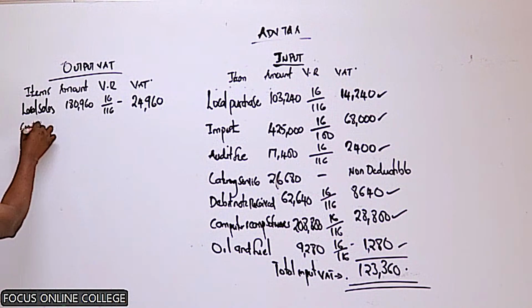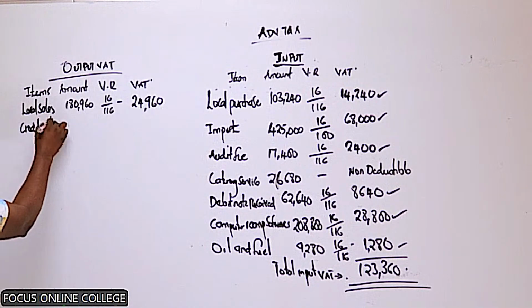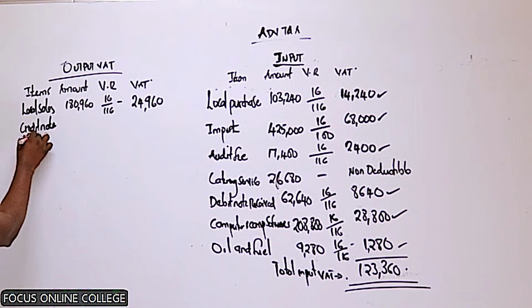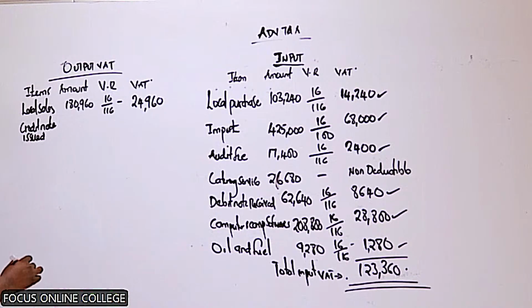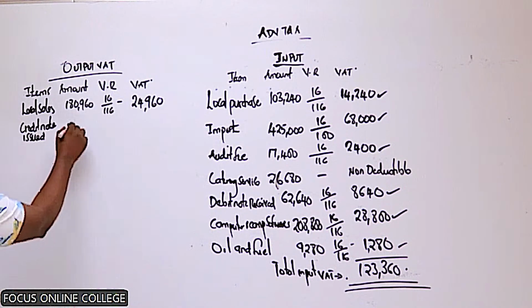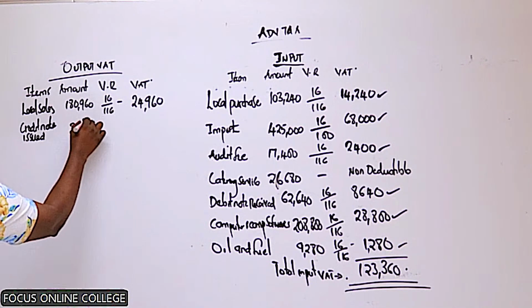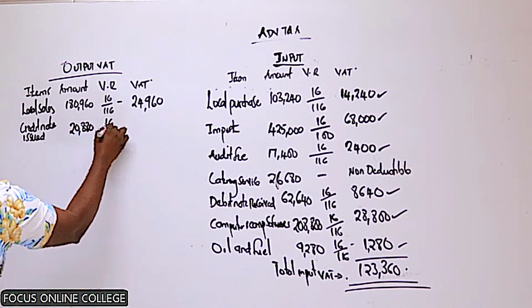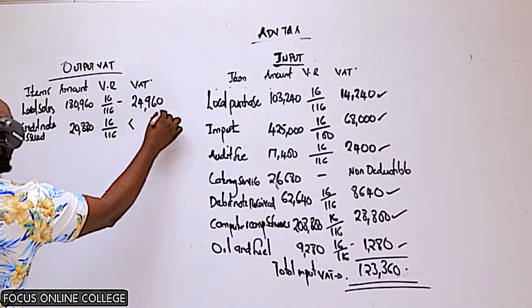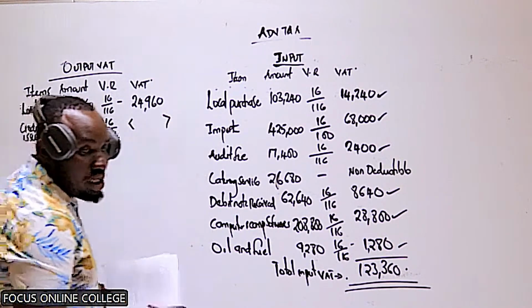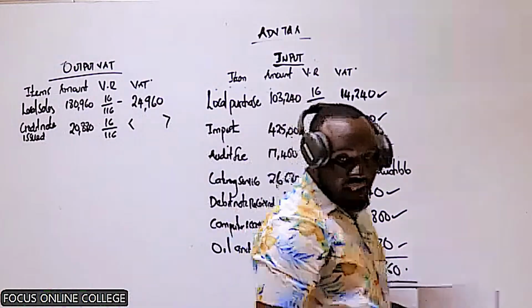So we have the credit note issued on goods that were returned. The credit note issued was 20,880 times 16 over 116, and that will be lessed.